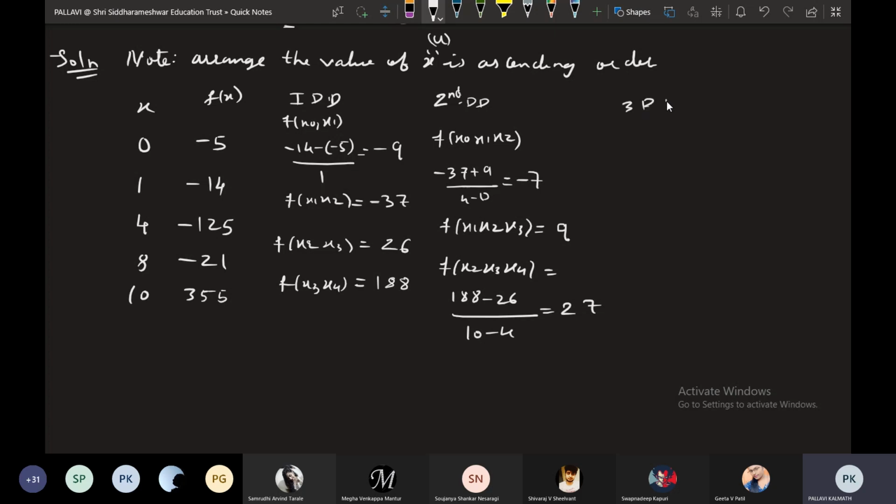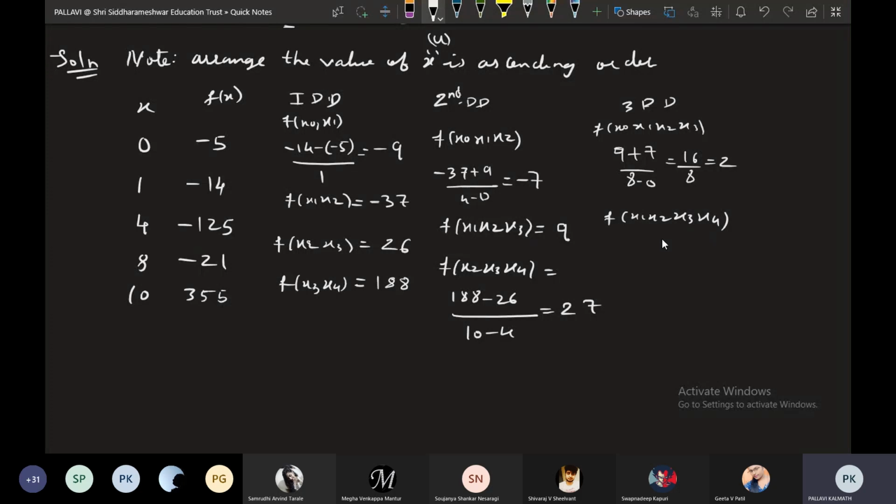Okay, third divided difference. This is 9 minus of minus 7. How much are you going to get here? 16 by 8 equals 2. Am I correct? So you will find this easy if you write these values x0, x1, x2, x3. Okay. Next one. x1, x2, x3, x4.